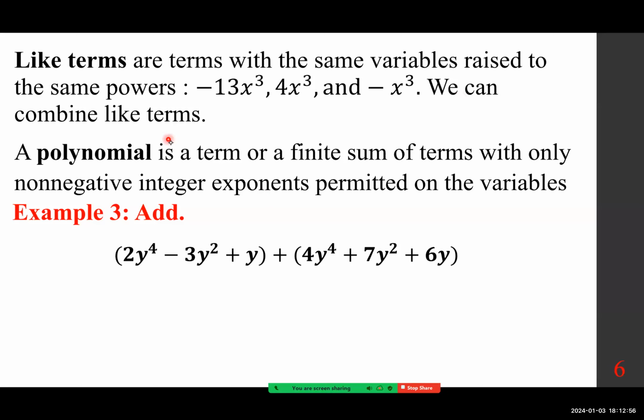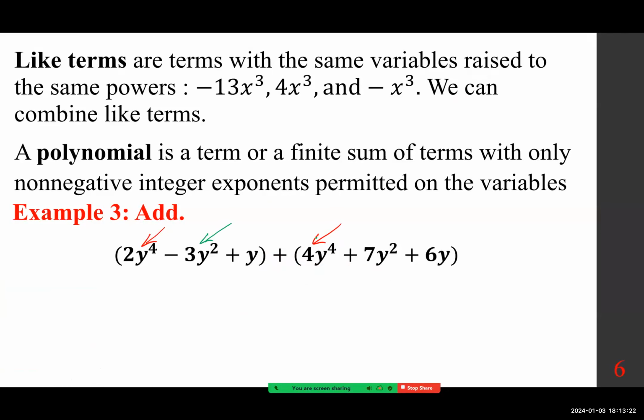We can combine this as follows. Because it's a plus sign, all of them remain the same. Otherwise, if it's negative, first apply the negative sign, then you combine them. Notice I can add these two, and I get 2 plus 4, 6y to the power of 4.